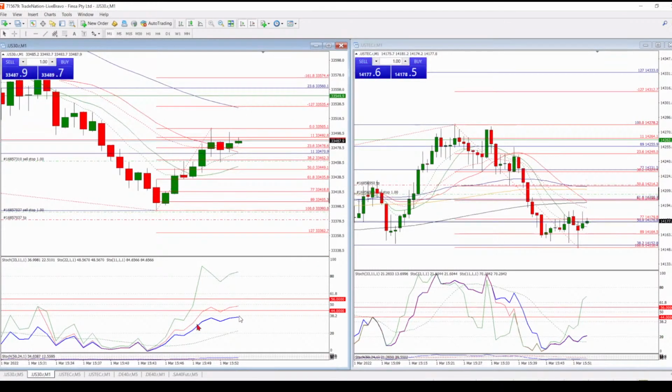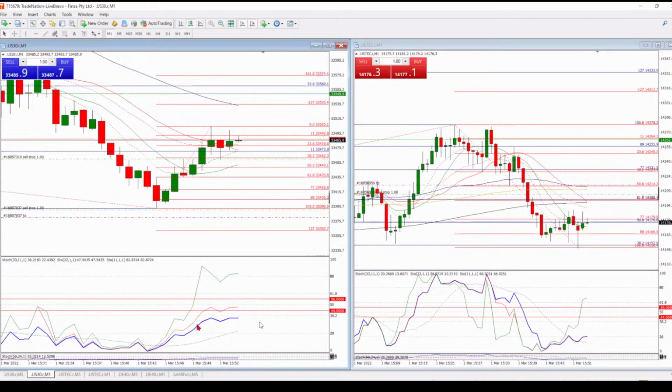Starting to test that 38.2 level of the stochastic. There we broke 38.2.